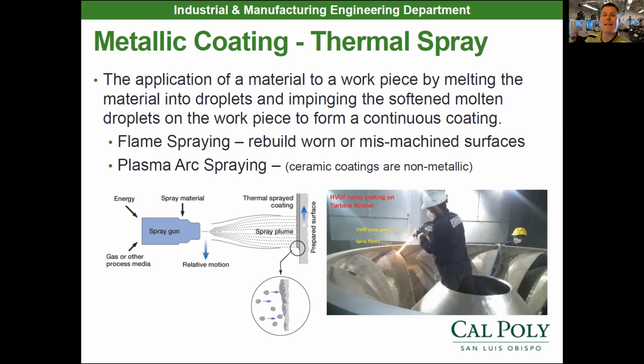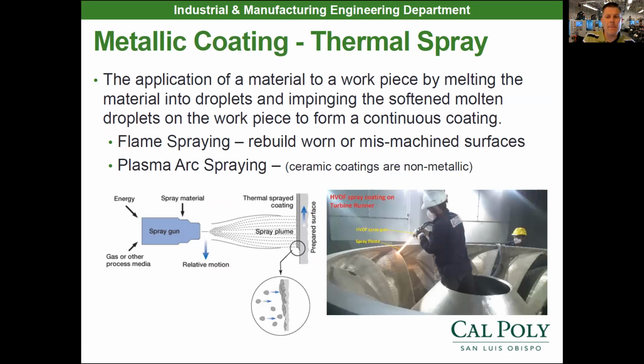So I can apply metallic coatings and I can apply ceramic coatings through plasma arc spraying, but it's known as thermal spray. What I'm doing is applying it to the top surface of the workpiece by spraying on molten droplets, like molten ceramic droplets or molten droplets of the base metal that I'm building up right there.